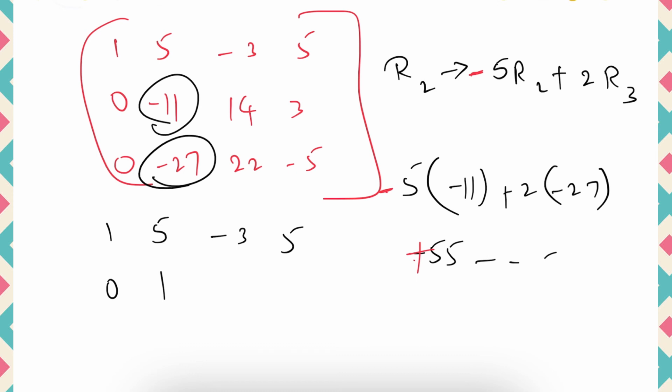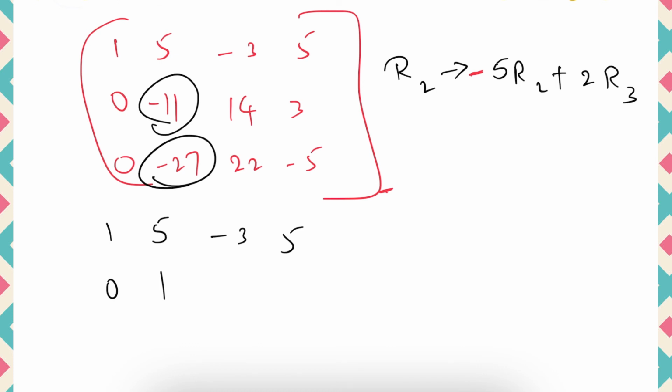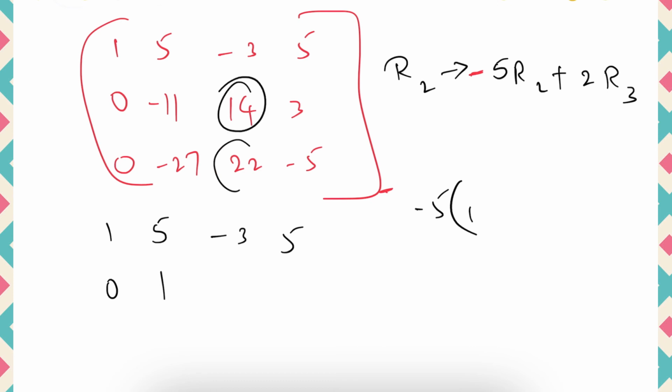Next. Next one, minus 5 into R2. First I will remove this. R2 is 14, plus 2 into R3, 22. So first minus 5 into 14, 70, plus 2 into 22, 44. This is minus, right?